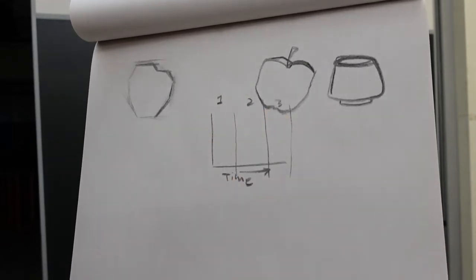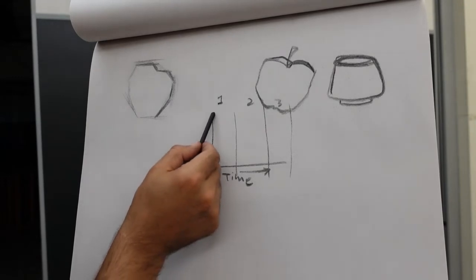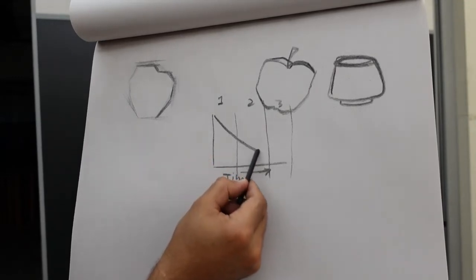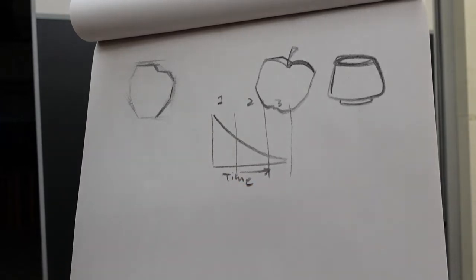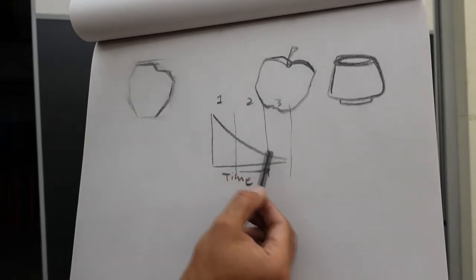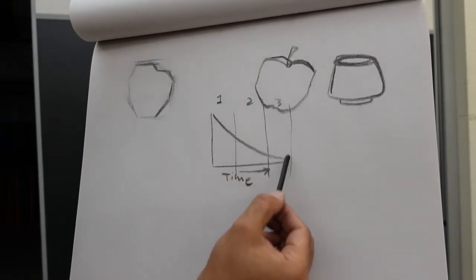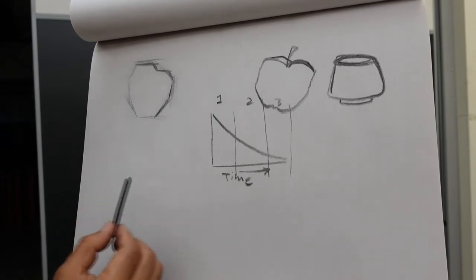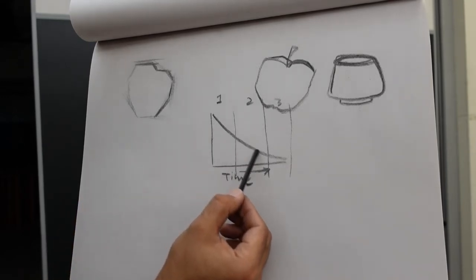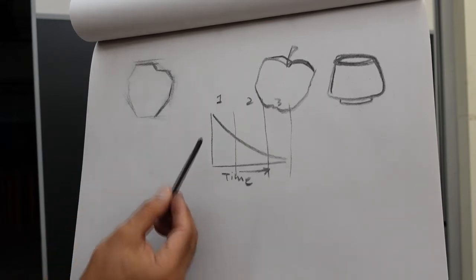Now, the way your changes are going to start is they're going to start very large, and then they decrease, hopefully, as you go down to finishing the drawing. You don't want to make huge changes in this stage, and certainly you don't want to make any changes in here, but you will be making changes. It's just that you're making less and less of them, hopefully.